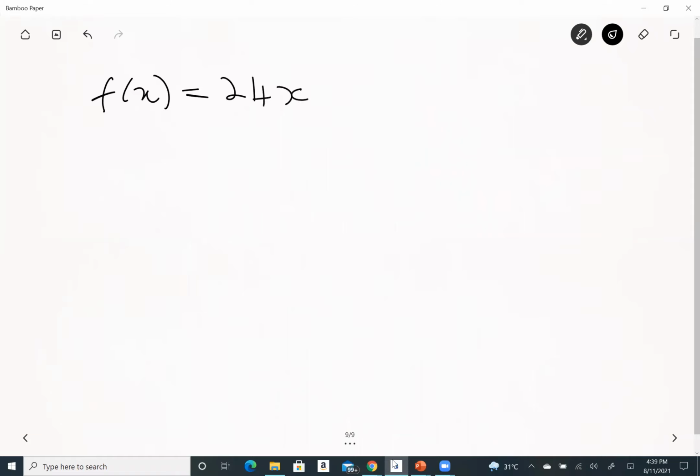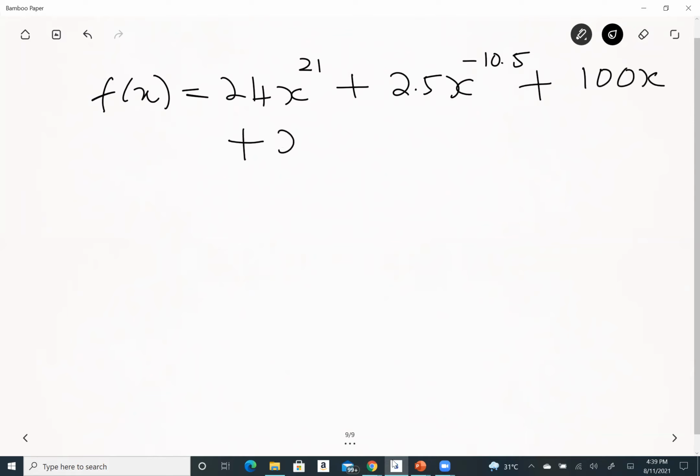Suppose I have f of x equal to 24 x to the power of 21 plus 2.5 x to the power of negative 10.5 plus 100 x plus 299. So you don't worry how many terms there are.